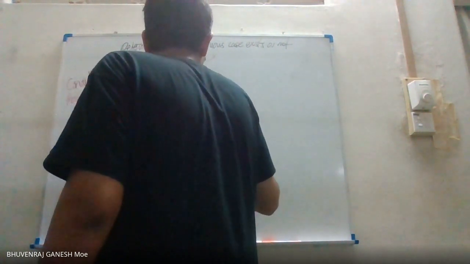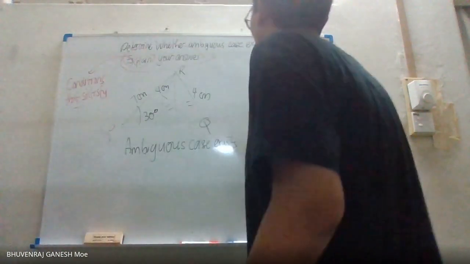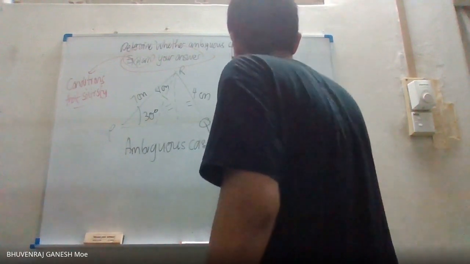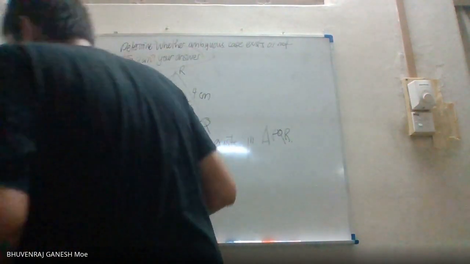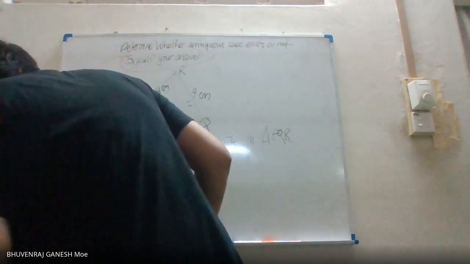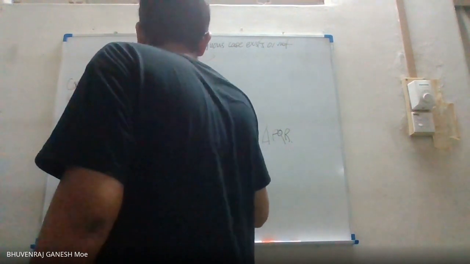So why does ambiguous case exist? It's actually in triangle PQR, of course, the whole triangle, not focusing on a specific triangle generally. So the reason is, so we understand the reason together, non-included angle. So this is the non-included angle.